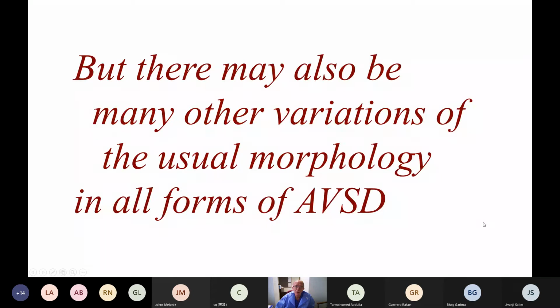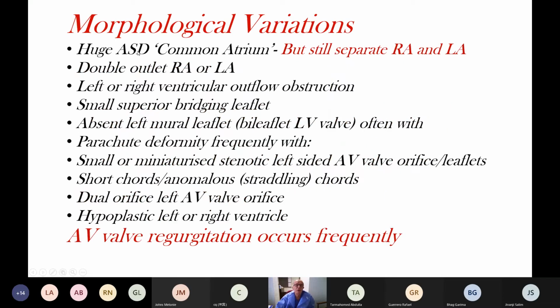But there are also other variations in the usual morphology, which you need to be aware of. I'm not going to deal with most of these today, but you need to be aware of them. You can have a huge ASD, so there's effectively a common atrium, still with separate right and left atria, however, or two separate atria if you happen to have atrial isomerism. You can have a double outlet right or left atrium.